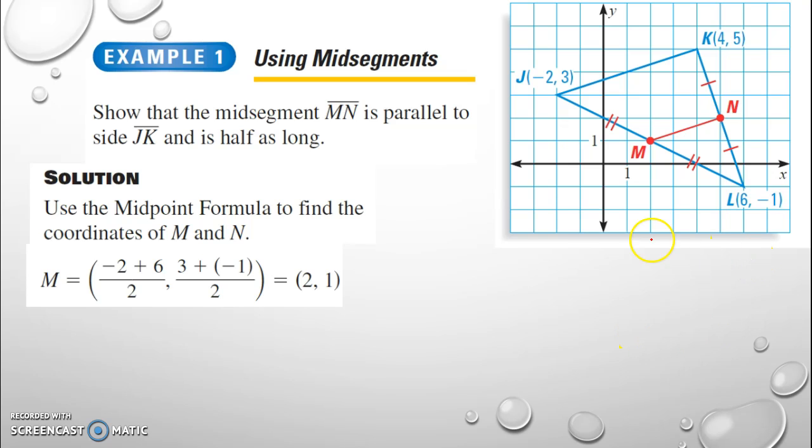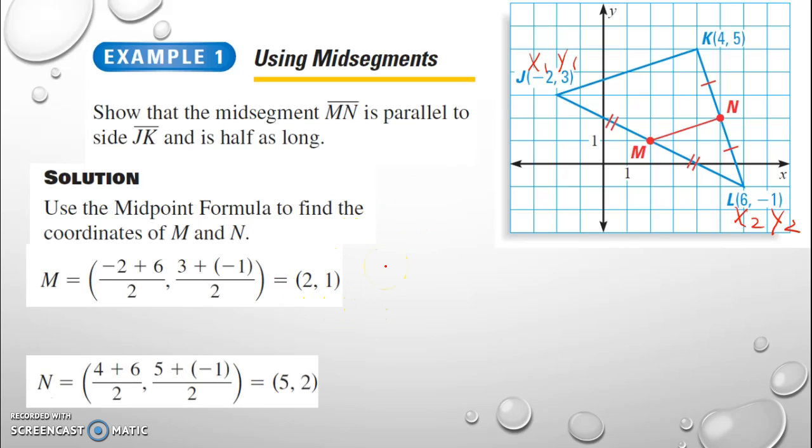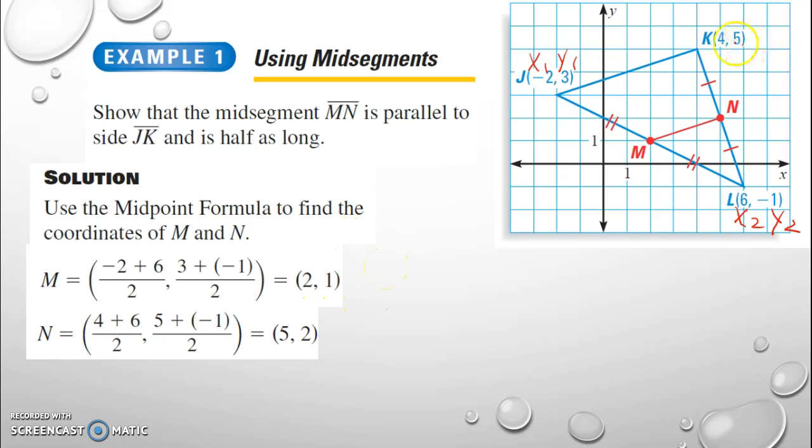So to find point M, this is my x1, y1, x2, y2, and we're going to find the average of the x's, find the average of the y's, and that gives me point M. Then I do the same thing for point N. So x1, y1, x2, y2 is already labeled, and again, find the average, x plus x divided by 2, y plus y divided by 2, and now we have the points for N.